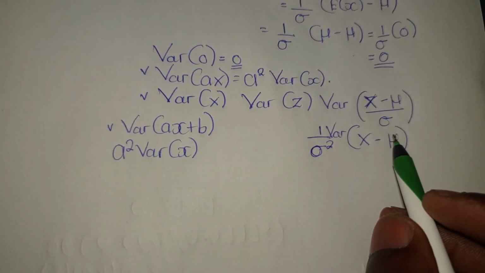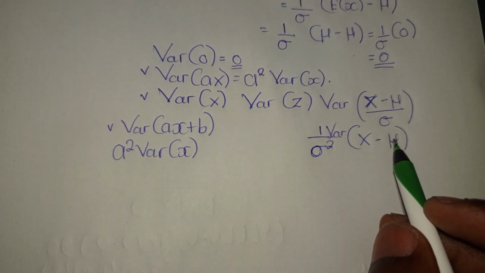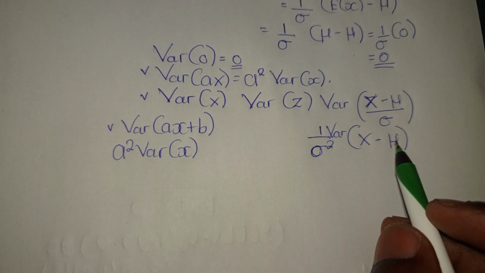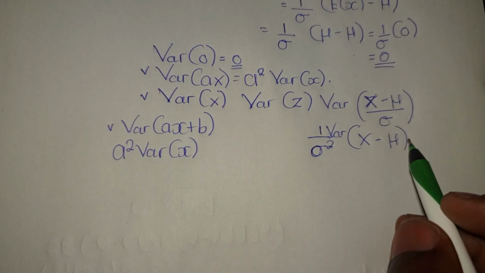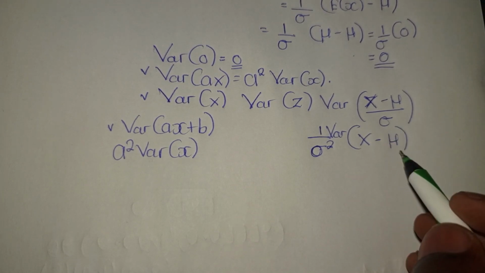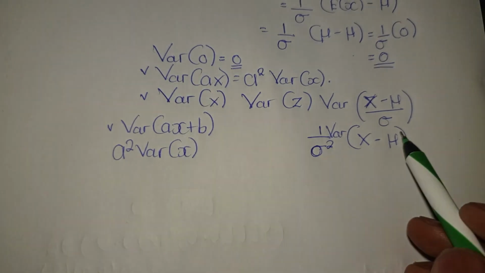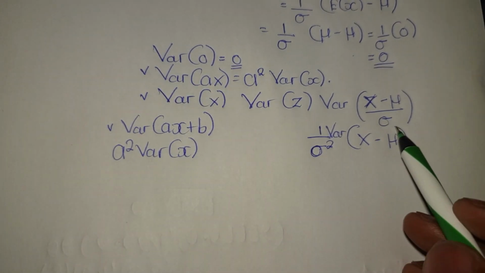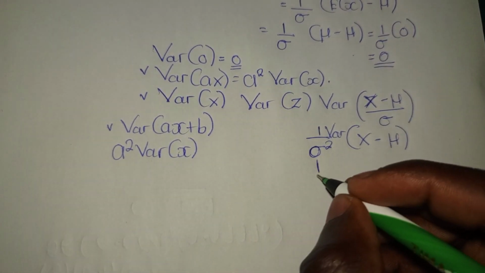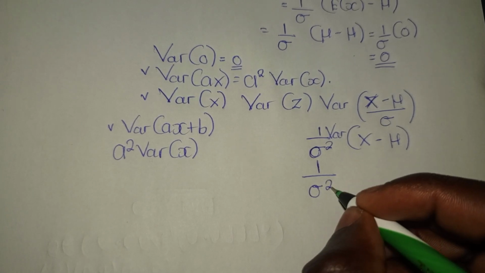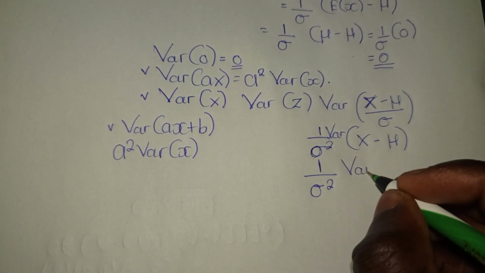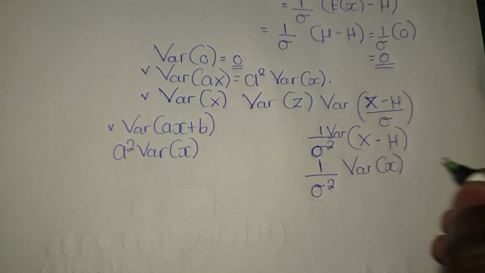Mu is the mean, a constant, the same as this b, so there is no variability in mu, and we have 1 over sigma squared times the variance of X.